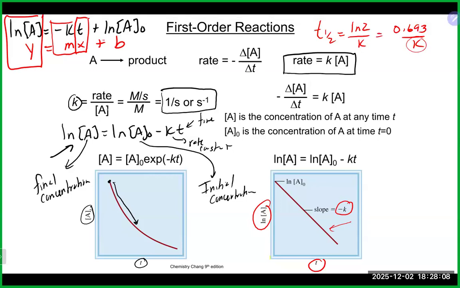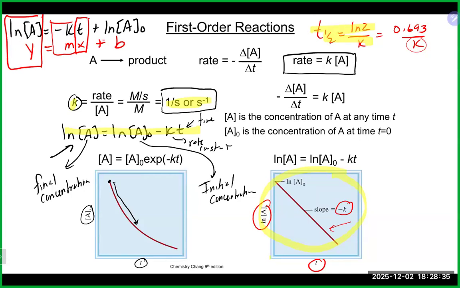So usually you want to know the units associated with the rate constant, you want to know the graph, the integrated rate law, and the half-life equation. Those are four important things. Knowing the units of the rate constant is important because it does tell you what type of reaction you're dealing with so that you can choose the correct formula to use.